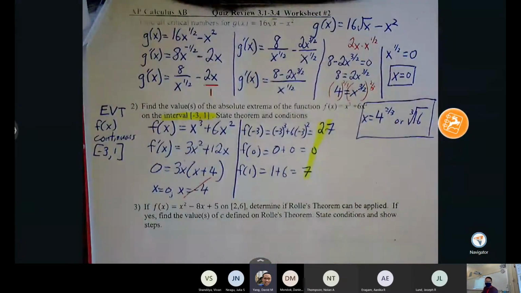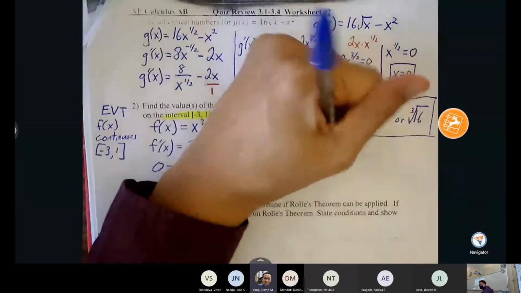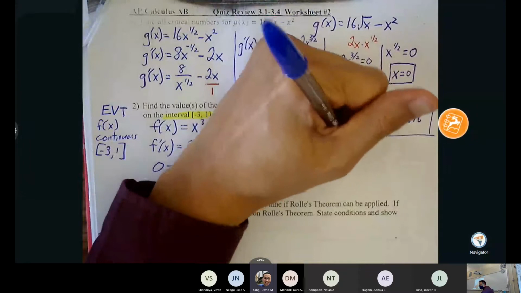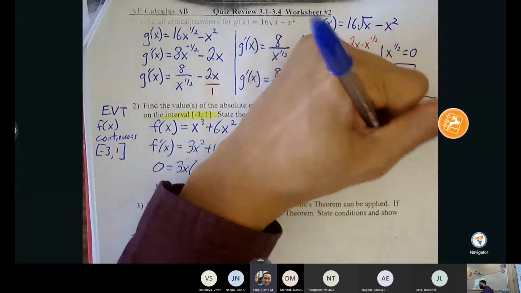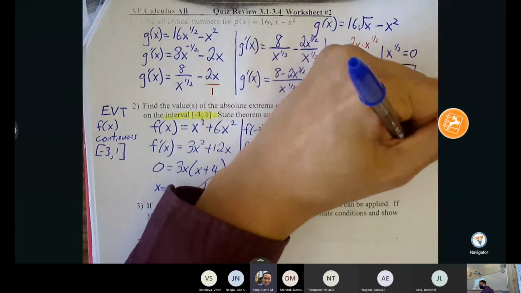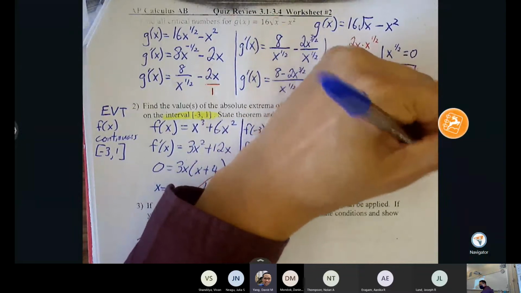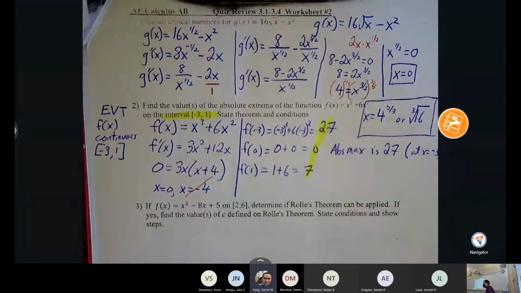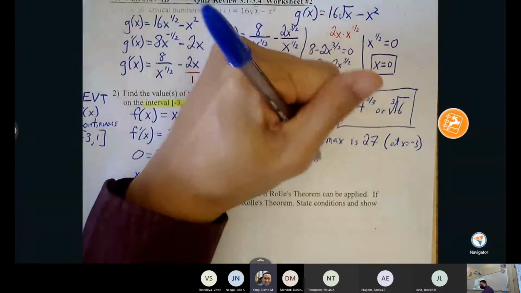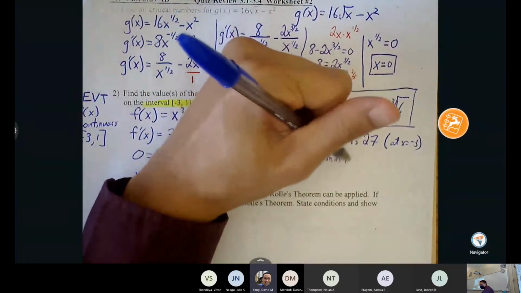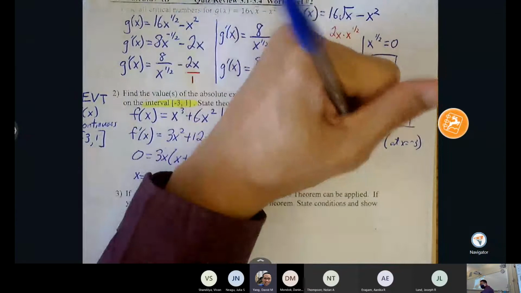Highest is our absolute max, lowest is our absolute min. 0.